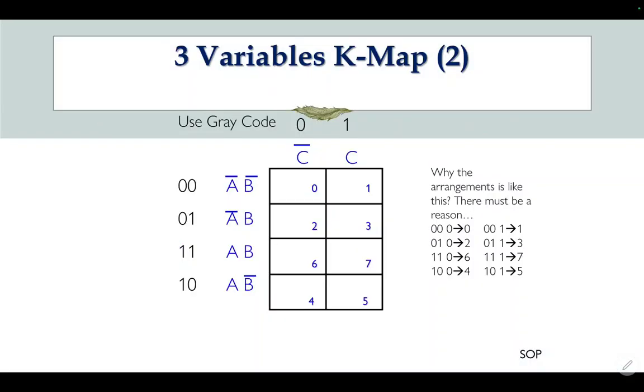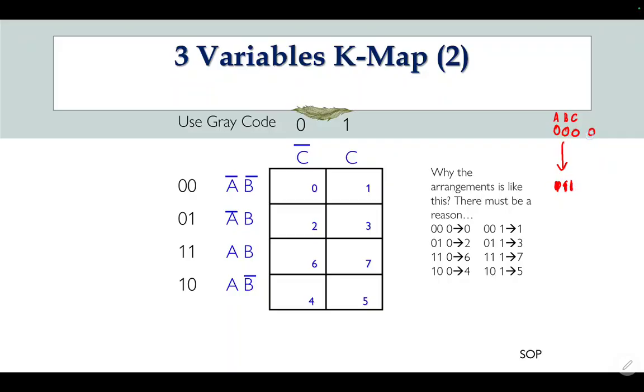Okay, next. This is example for 3 variable K-map measuring the 3-bit binary. So remember 3-bit binary, you have 3 bits, 0, 0, 0 for example. So you got A, B, C, 3 variable. So you are measuring from 0, 0, 0 until 1, 1, 1.